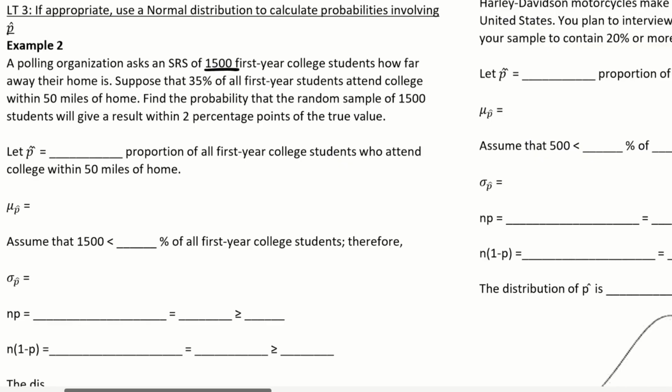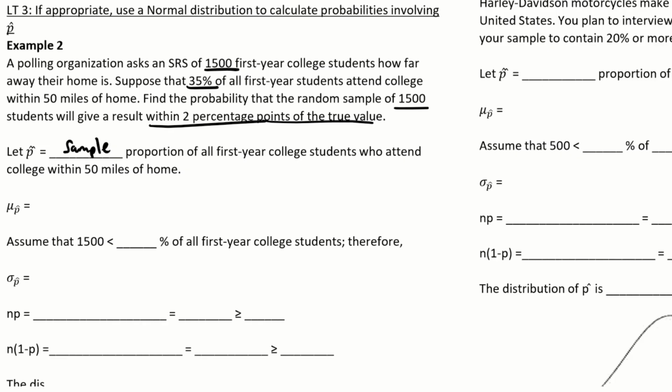Suppose that 35% of all first-year students attend college within 50 miles of home. Find the probability that the random sample of 1,500 students will give a result within 2 percentage points of the true value. Okay, so we're going to say let p-hat equal the sample proportion of all first-year college students who attended college within 50 miles of home.